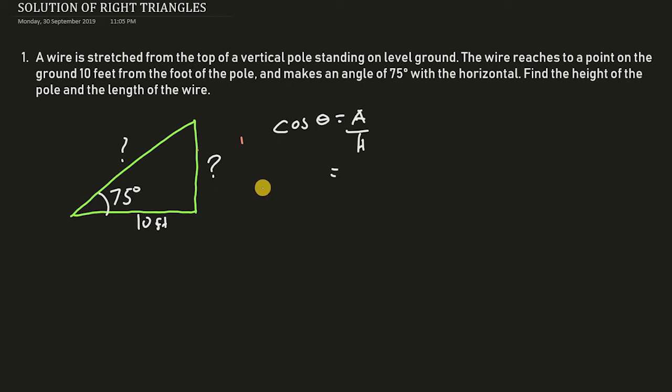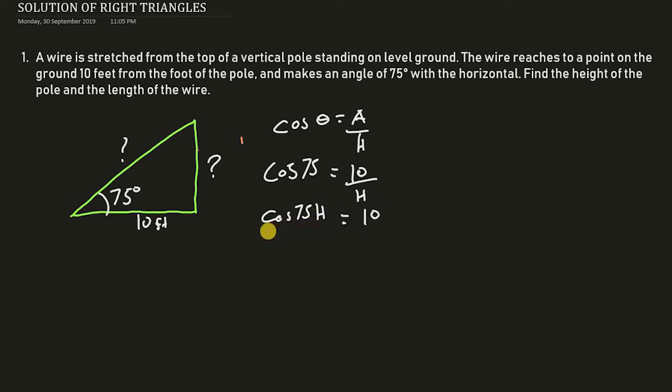Okay, so let's substitute values. Cosine theta, that's cosine 75. Cosine 75, adjacent with that is 10. And hypotenuse, that is the unknown. Ito yung hinahanap natin. So to solve for that, transpose natin yung hypotenuse sa kabila. That would be cos 75 times hypotenuse is equals to 10.